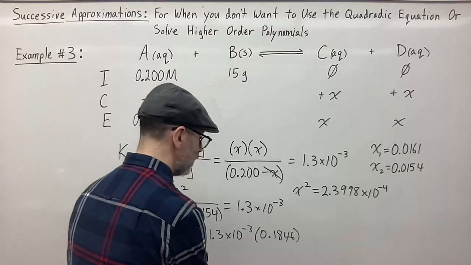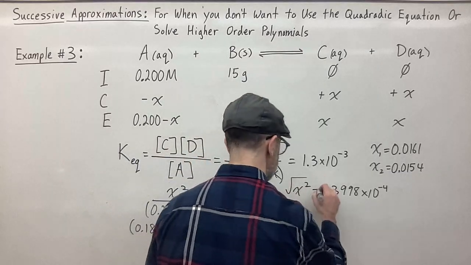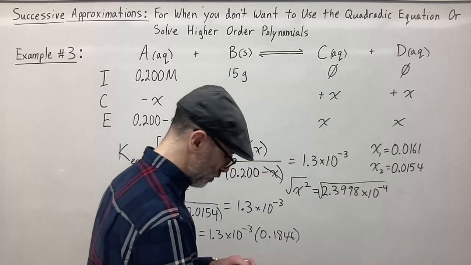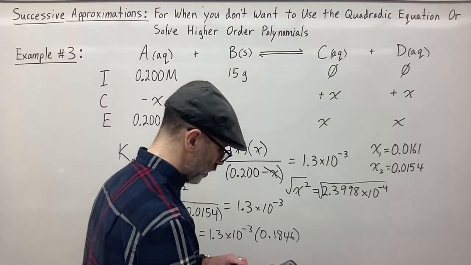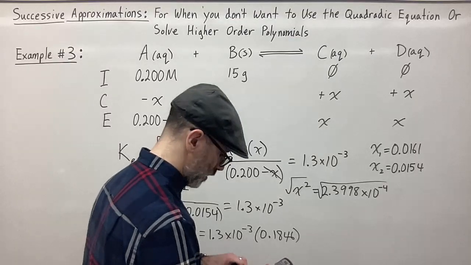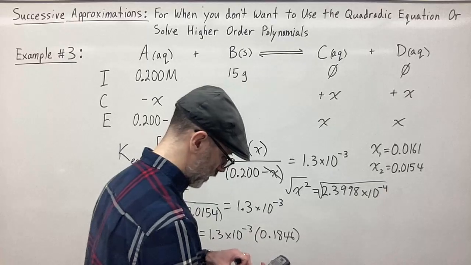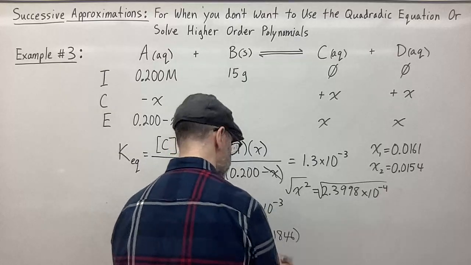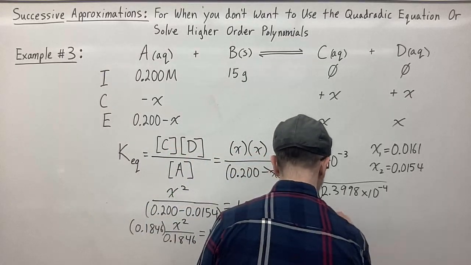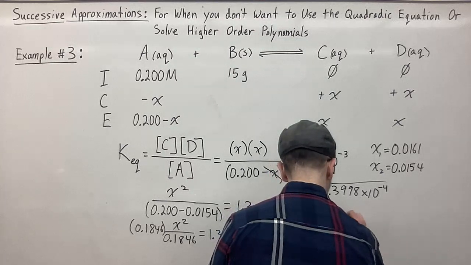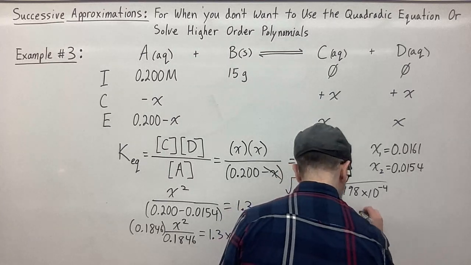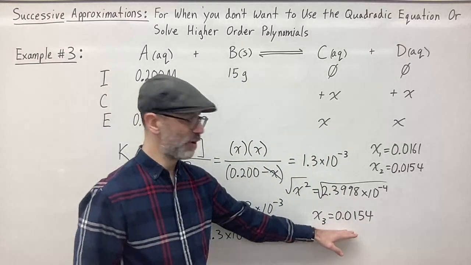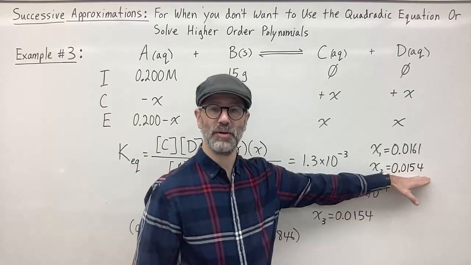So I take the square root of both sides. The square root of 2.3998 times 10 to the negative 4 equals, and I get x3 is equal to 0.0154.